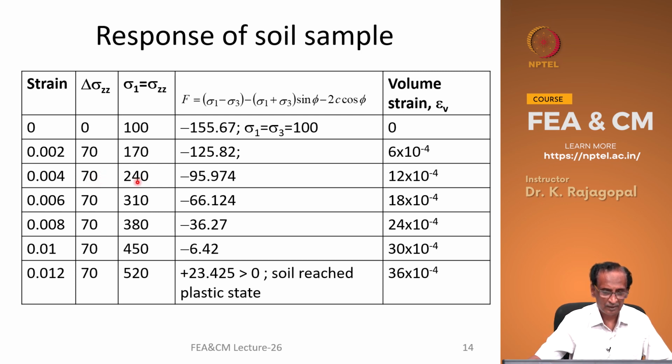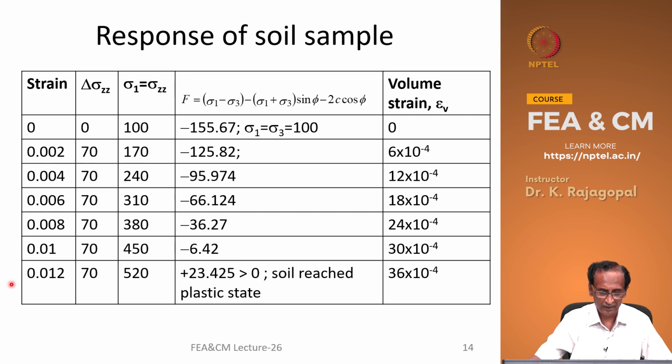Our sigma 1 is 240, our yield function is minus 95, and our volumetric strain is 12 times 10 to the power of minus 4. Then we continue, and you see at 0.01 our sigma 1 has reached 450, our yield function value is minus 6.42, and the volumetric strain is 30 times 10 to the power of minus 4.